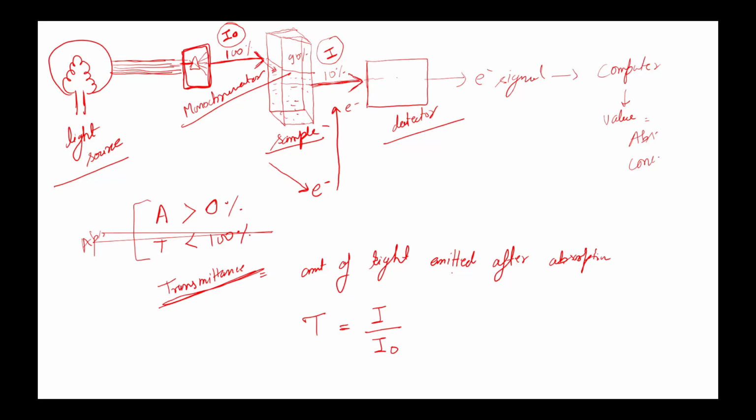Okay, so as we are seeing here, 10% light is transmitted out of 100%, so transmittance is 1/10. Okay, so whatever light is given, only 1/10 of the light is being transmitted, another portion of the light is being absorbed.